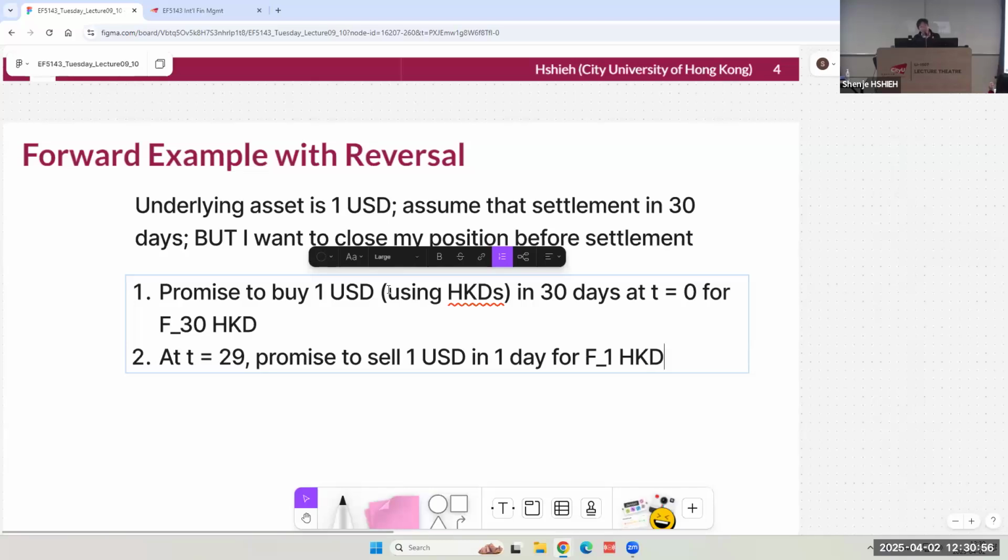So F30 and F1 have the same settlement date. Let's assume 30 days from now is May 2nd.